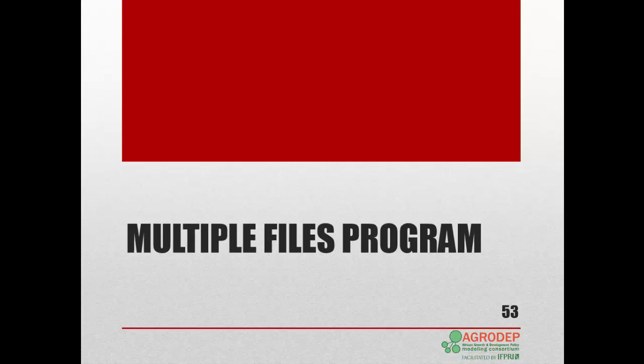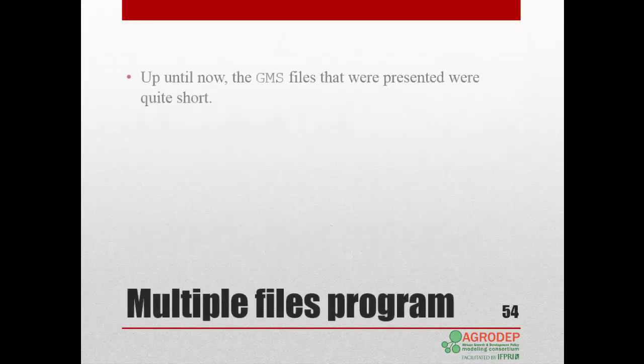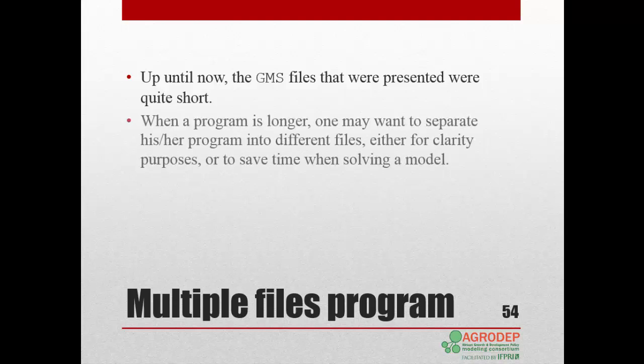Next, we will learn how to move from a single file program to a program with multiple files. Up until now, we have dealt with relatively simple and short GAMS files. For longer programs, it may be more suitable to divide the program into different files, either for clarity purposes or to save time when solving a model.